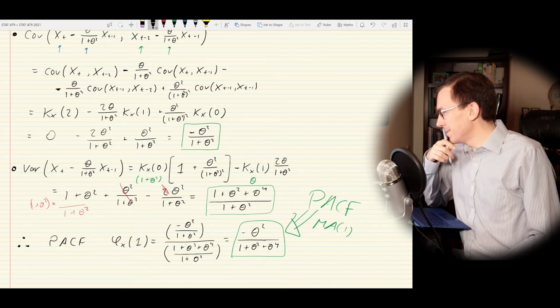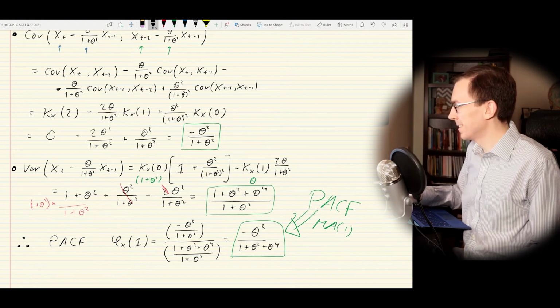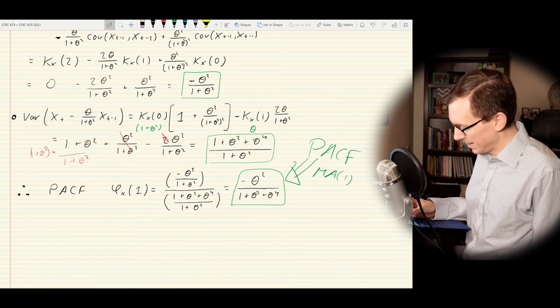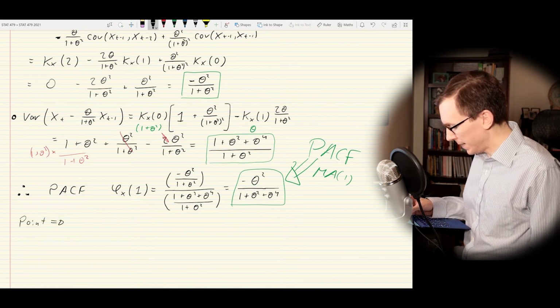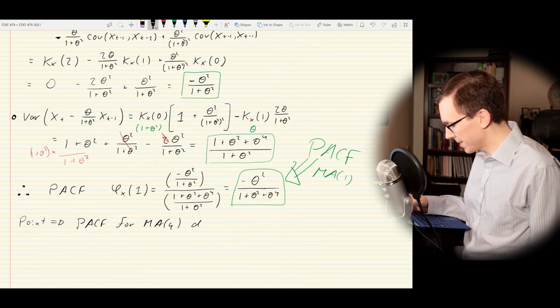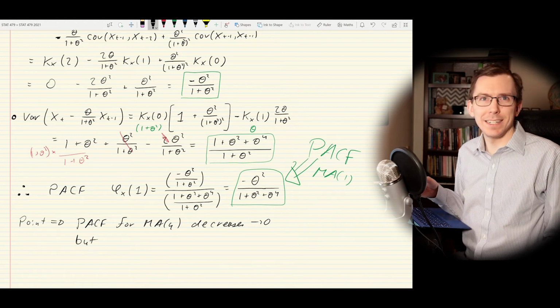But basically, what are we getting here? The point is that the PACF for MA(q) decreases to 0, but, well, I guess it doesn't strictly decrease to 0.